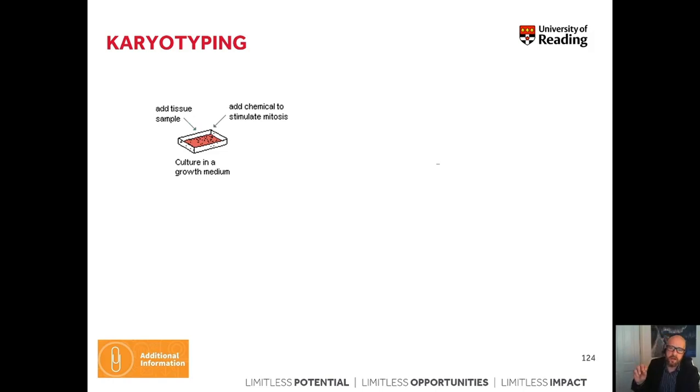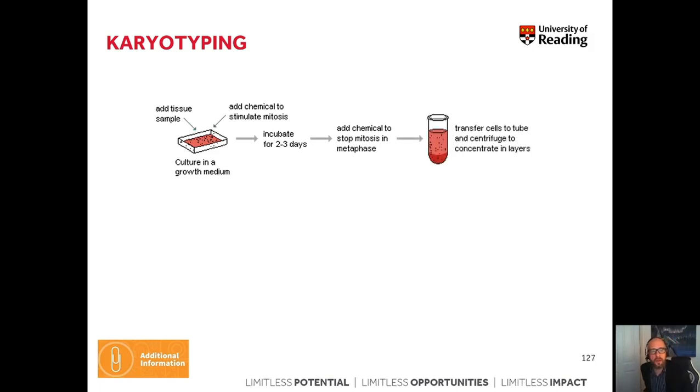So those cells are now proliferating quite rapidly. We can incubate those samples for up to 3 days, and we can add another chemical to stop the mitosis specifically in the metaphase. M phase is the phase we want the chromosomes to be in in order to be able to analyze them using a microscope.